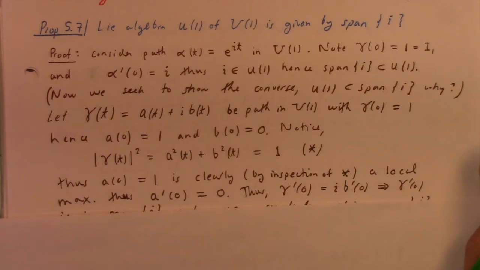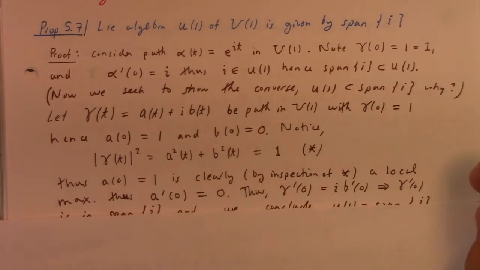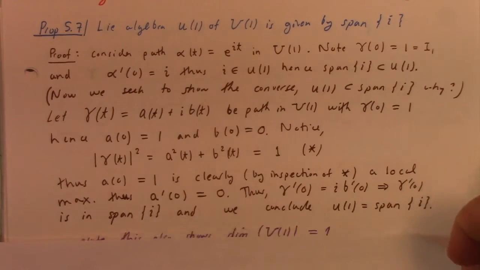So that means a prime of 0 is 0, and that says that gamma prime of 0 is just proportional to i. So gamma prime of 0 is in the real span of i, and we can conclude that the span of i is in fact the complete Lie algebra. I don't mean complete in the technical sense. I mean the total Lie algebra of the big U(1).